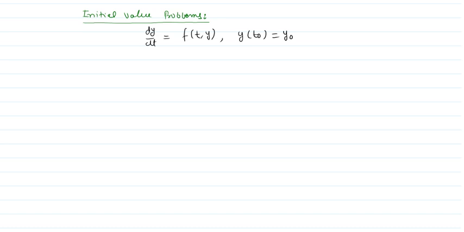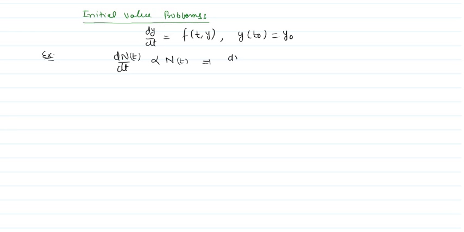So they originate in many applications. For example, there is a famous population growth model. The population of any individual is denoted by N(t), and its rate of change in population is proportional to the population itself.